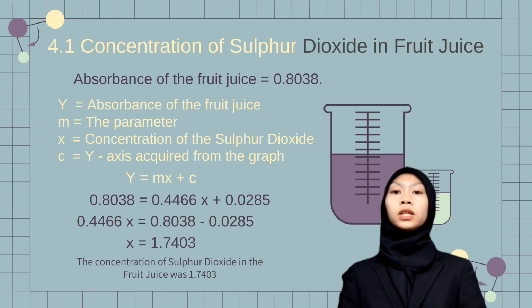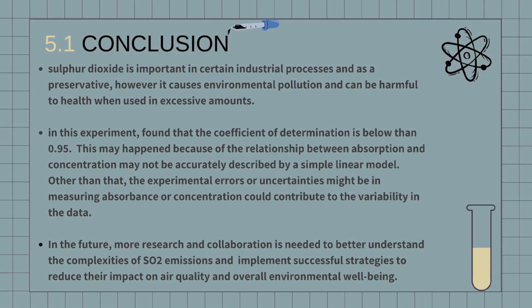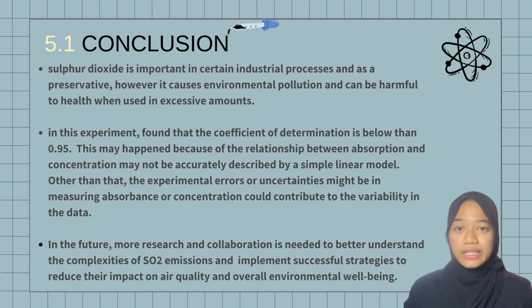So, we insert all the data given into the formula y equal to mx plus c, and we get the concentration of sulfur dioxide in the fruit juice was 1.7403.